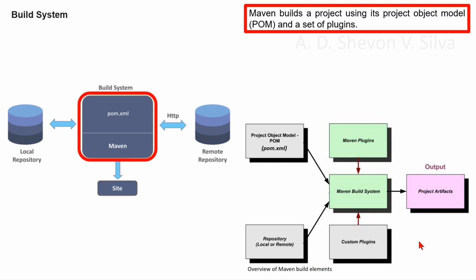Here the gray colored rectangles are provided by you, and green colored rectangles are provided by Maven, and the pink colored rectangle is the output, the deployment artifacts from your project.